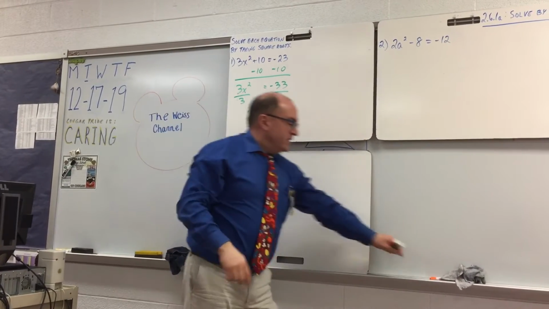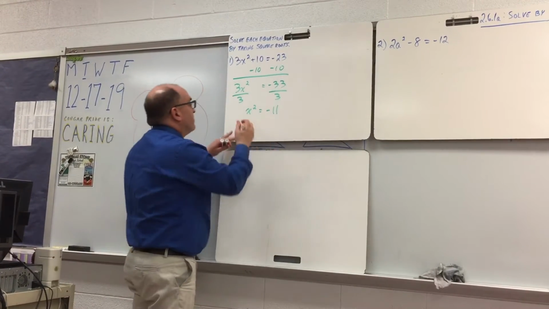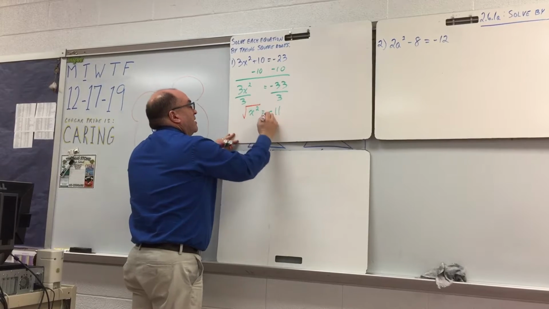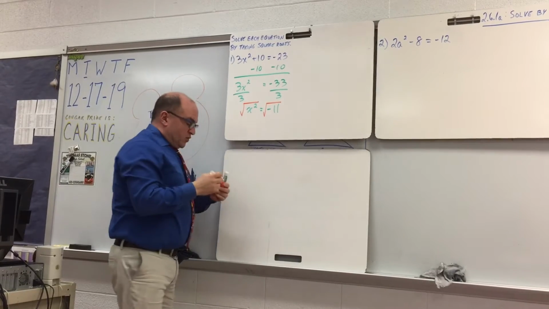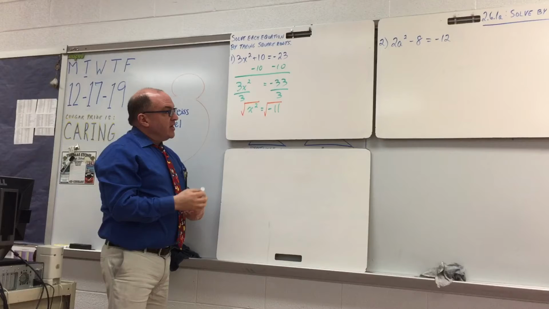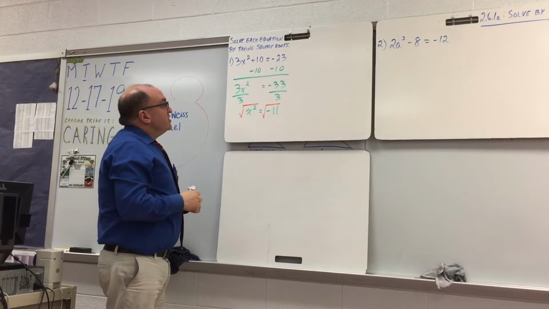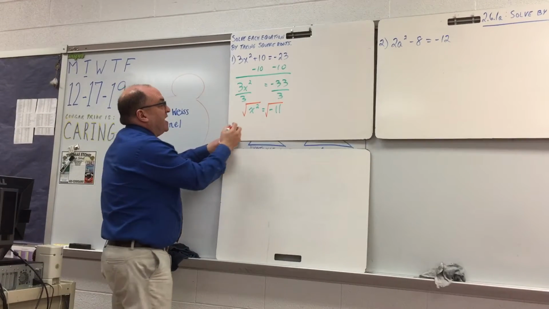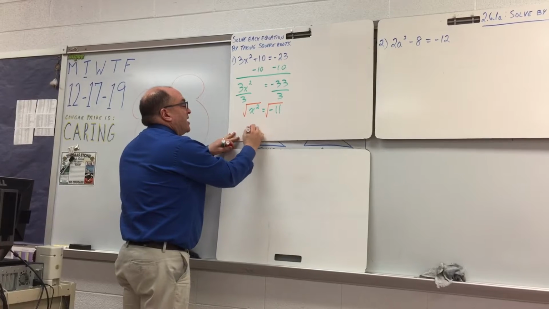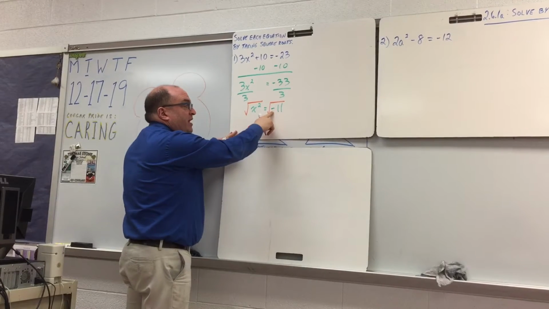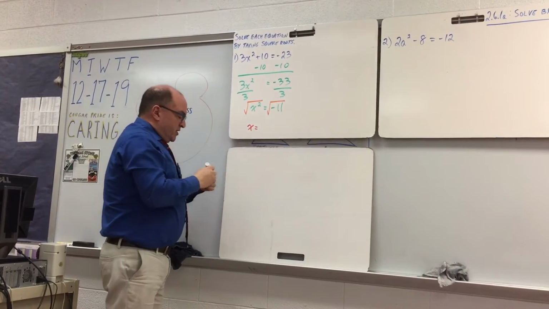Now we're going to take the square root. Of course, you can't take the square root of a negative, so you're going to have an imaginary number. So what we say is x equals the square root of negative 1. In fact, I'm going to do it that way.